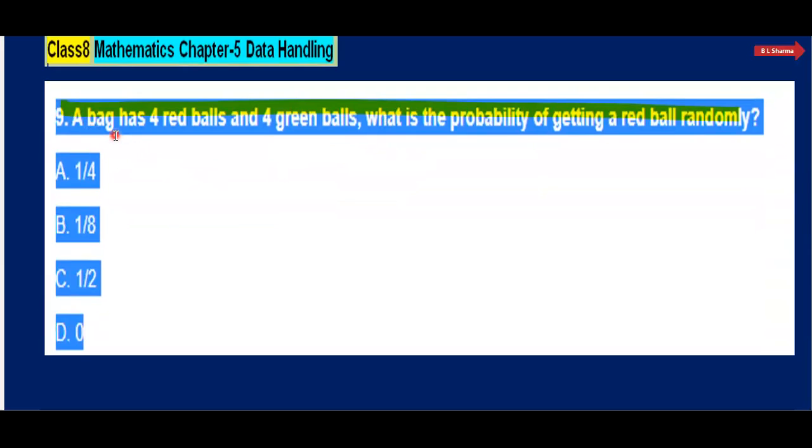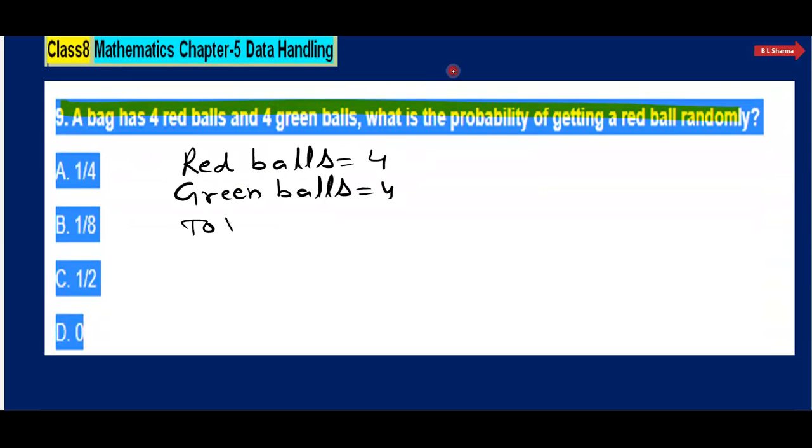Question number 9. A bag has 4 red balls and 4 green balls. Total balls 4 plus 4, that is 8.